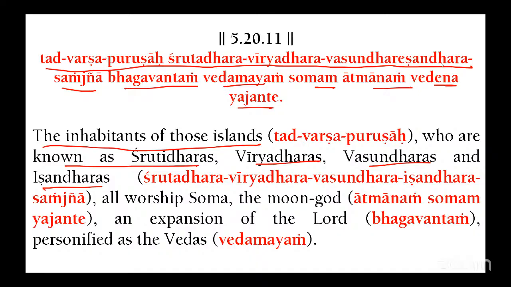So you can clearly see why the Brahmanas are called Shrutidharas, the Kshatriyas Viryadharas, and the Vaishyas Vasundharas. What is the meaning of Ishandharas? Anyone knows? I mean, they are Shudras, that much we know. But why Ishandharas? Ishan. Okay. Anyways.